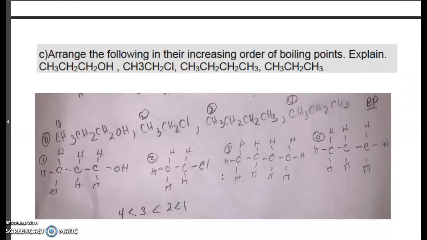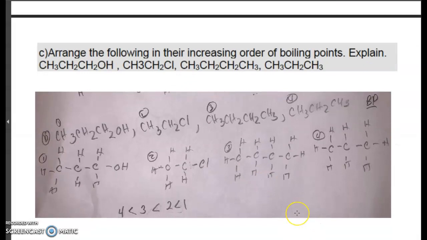The next one is to arrange the following in increasing order of boiling point. For boiling point, the longer this chain is, the higher the dispersion force the interlocking molecules have to hold on to. I did have a little problem with this because it kind of threw me off a little bit.